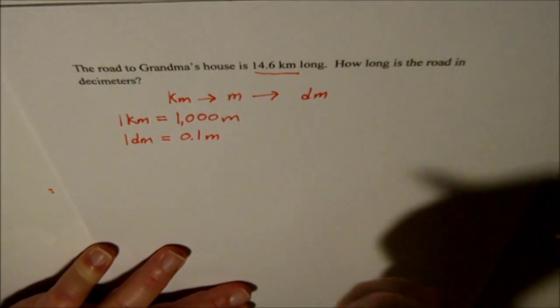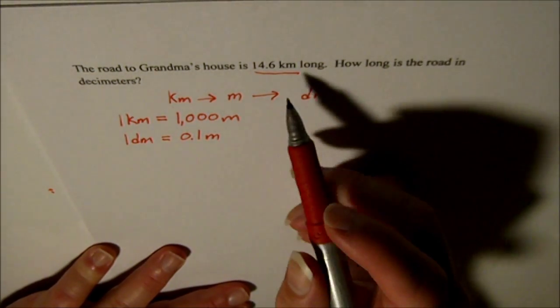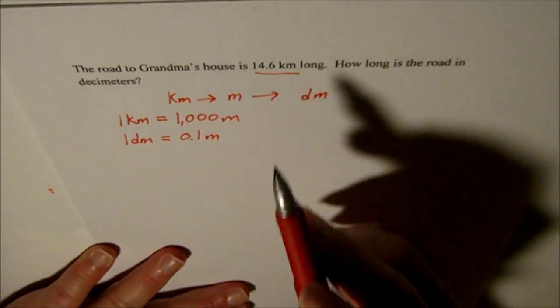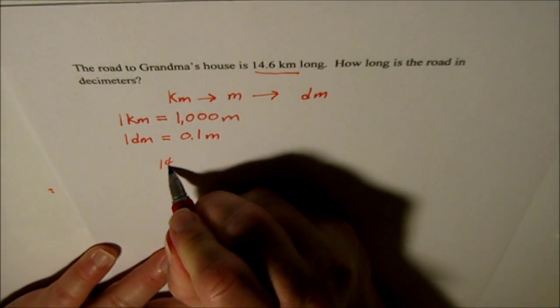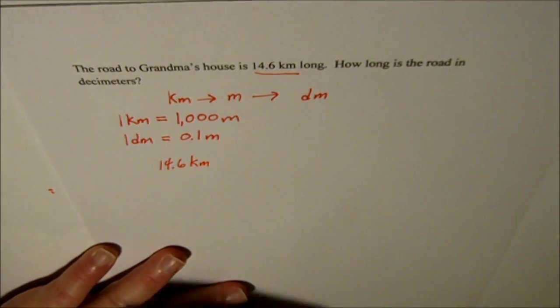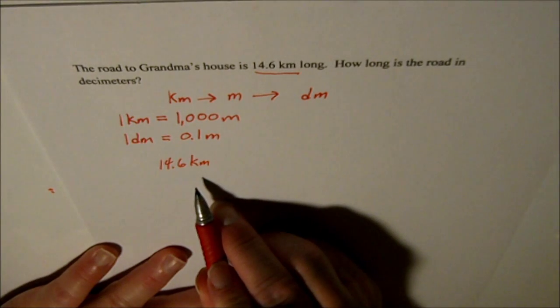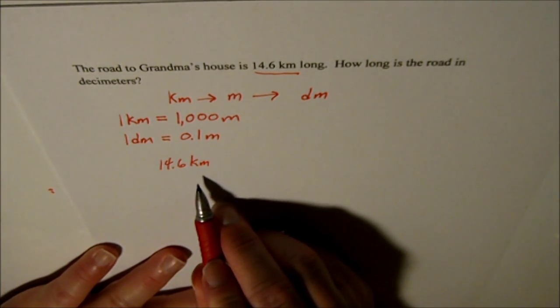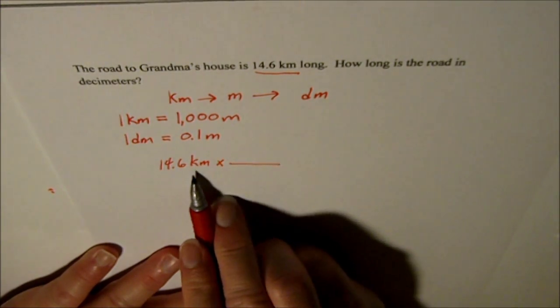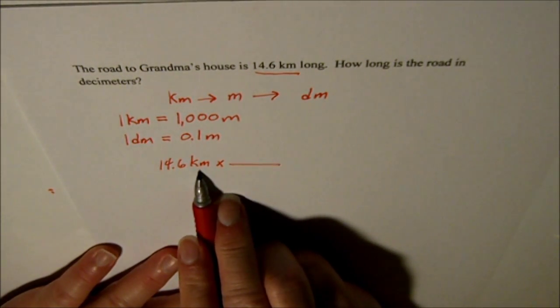All right? So we start the problem with the fact. Okay, not a conversion factor, but the fact. So 14.6 kilometers. Now make sure that you put the unit, and always be guided by the unit. So the first conversion factor is going to be guided by the fact that we start with kilometers.